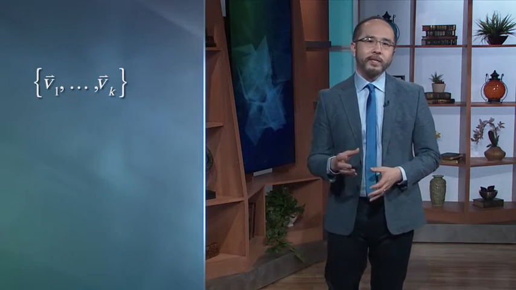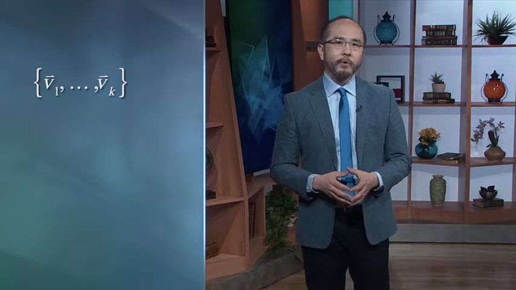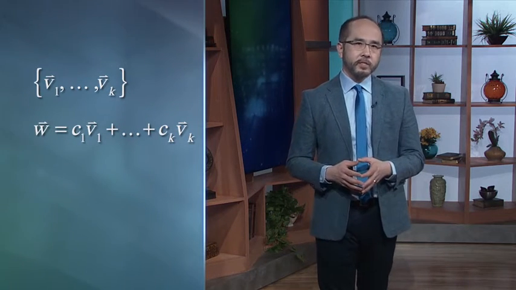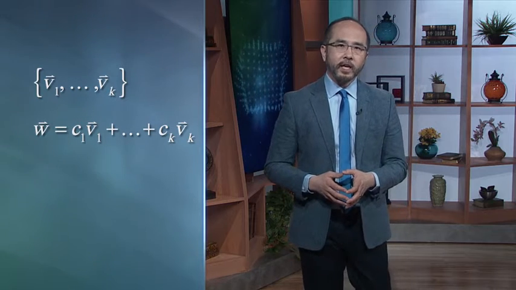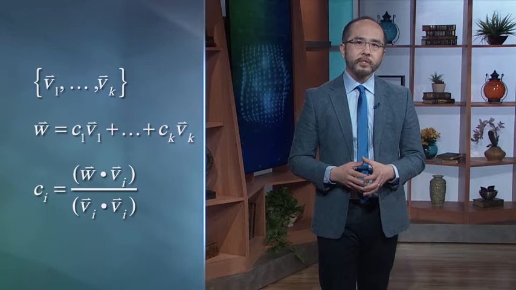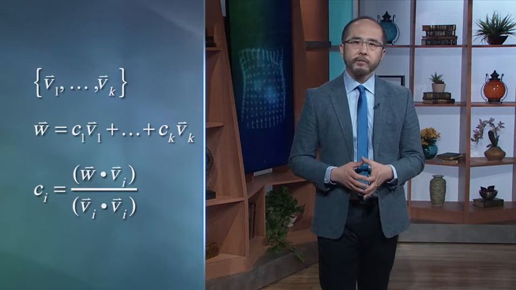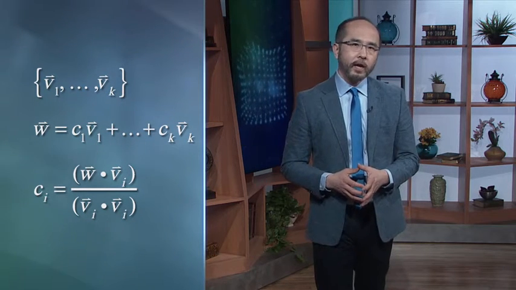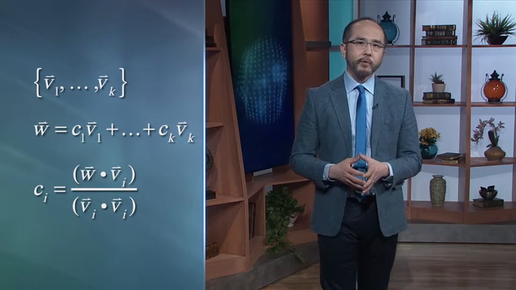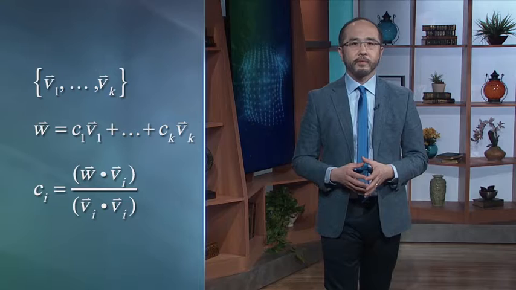If the orthogonal basis is V1 through Vk, and we want W to equal a linear combination C1V1 through CkVk, we can just write Ci equals W dot Vi divided by Vi dot Vi. This is the coefficient for the component of W in the Vi direction.